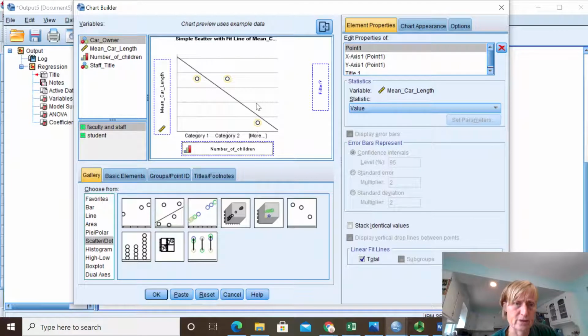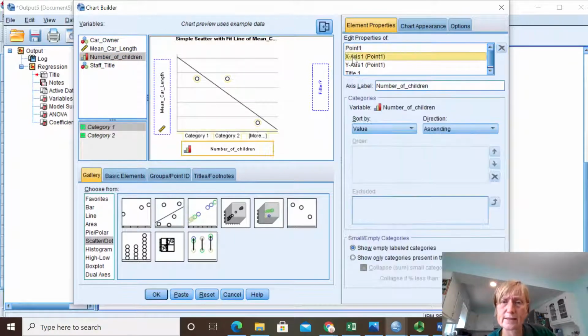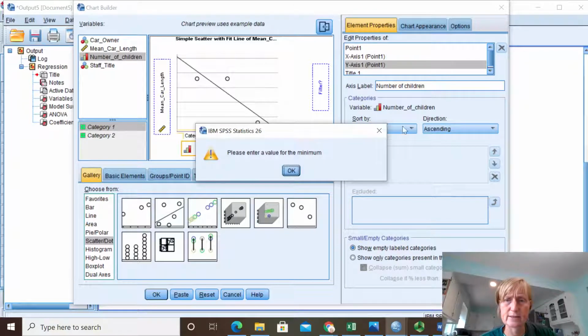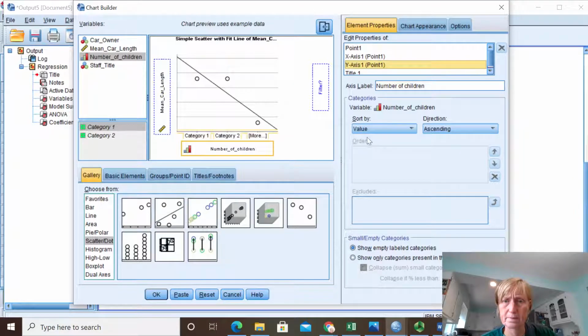And I have to do a couple of things. I want to make sure that I'm looking at the mean car length on the y-axis and the number of children on the x-axis. And let's see, I probably want to make this a little neater looking. Oh, sorry, it's yelling at me. I don't think this matters.